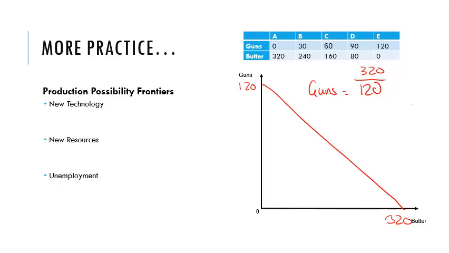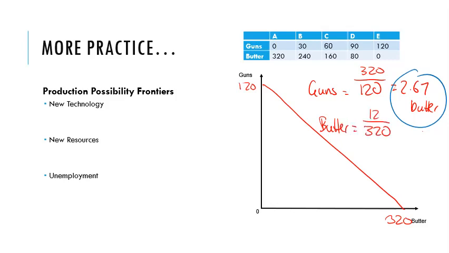So it'll be 2.67. That's your answer. For butter, it'll be 320 with 120 over, and that will equal 0.375.